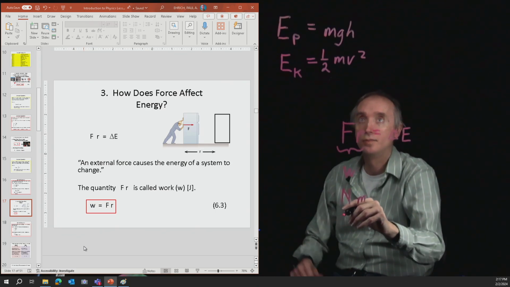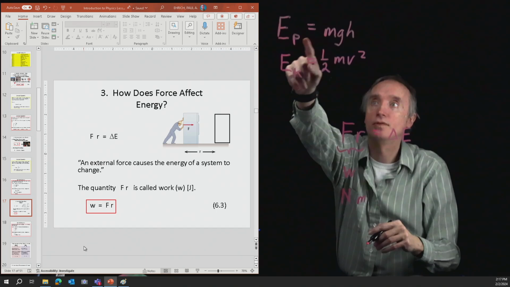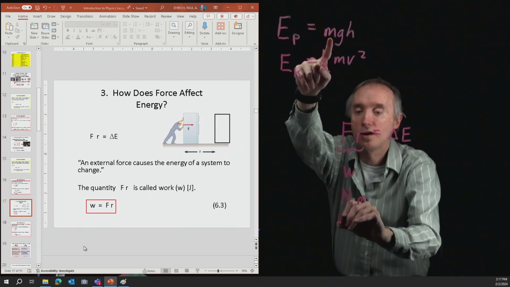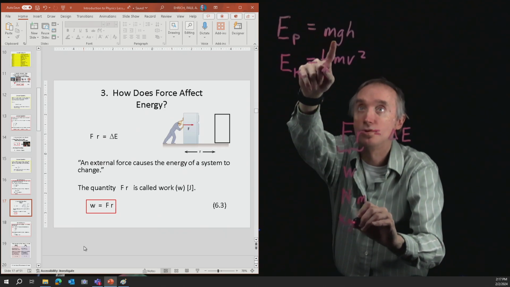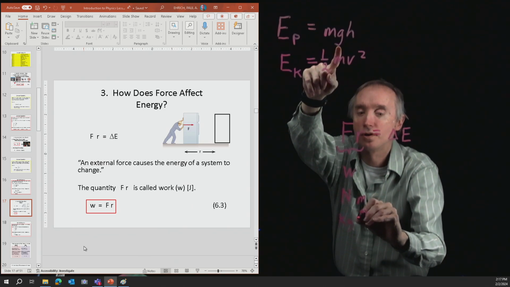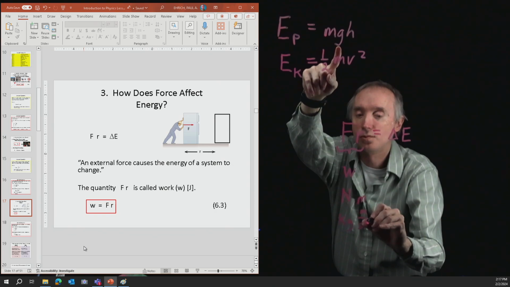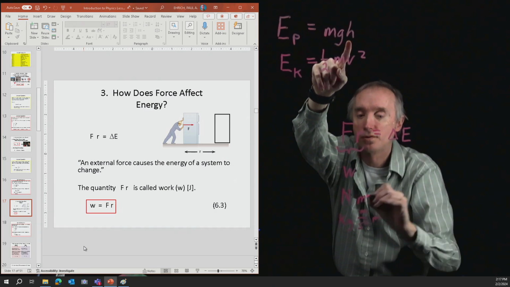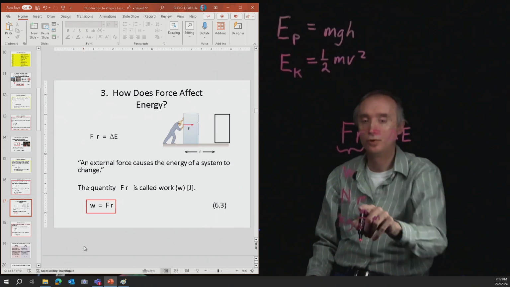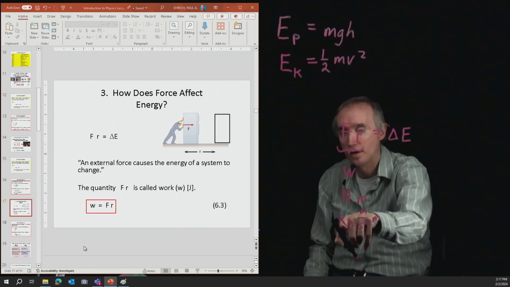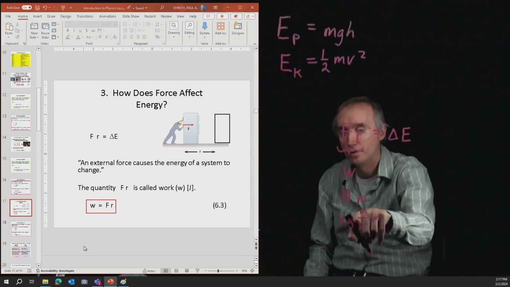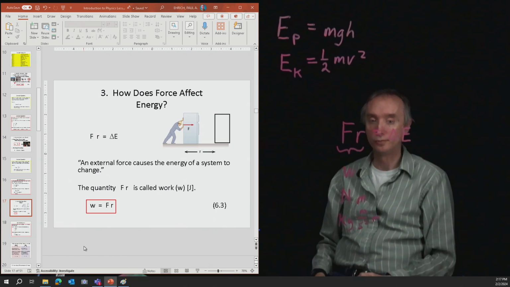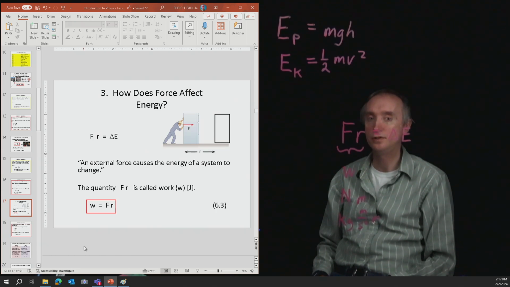Not only that, but let's go up here. So this is a unit of energy. You've got kilograms, multiplied by meters per second squared, and then multiplied by meters. If you put that together, you would get kilograms meters squared per second squared. That is also a joule. It's just a different way of writing the units.